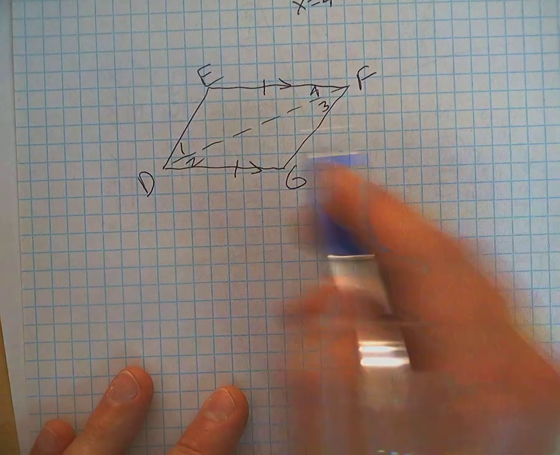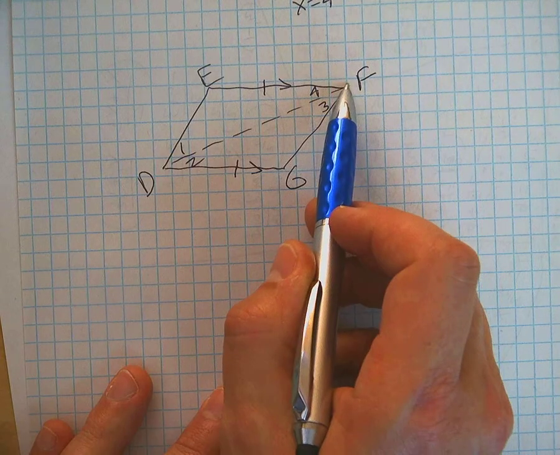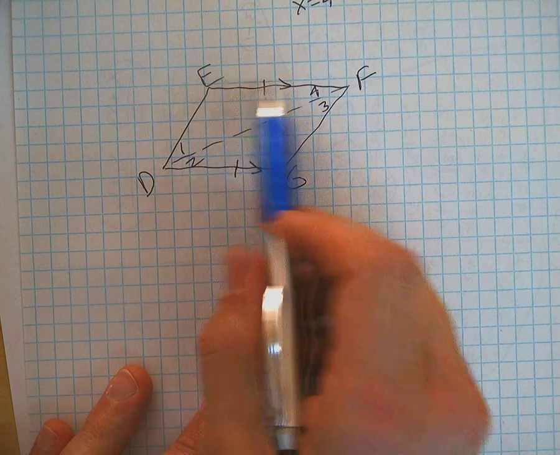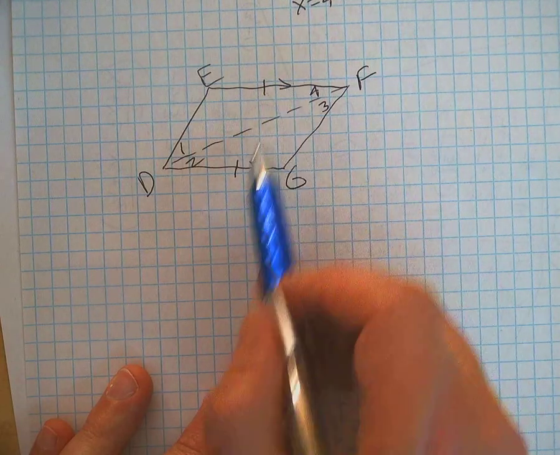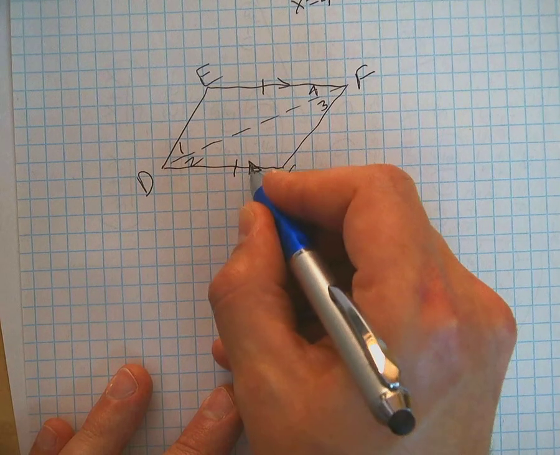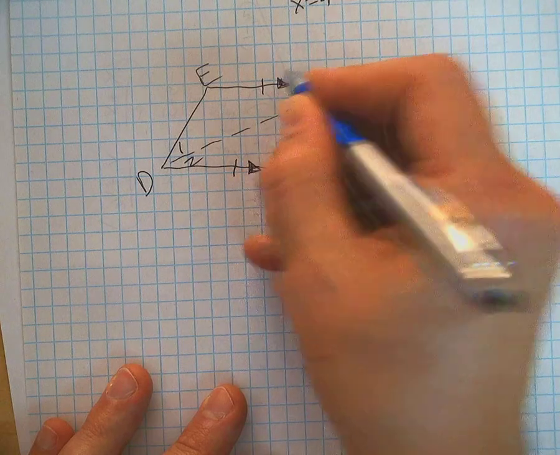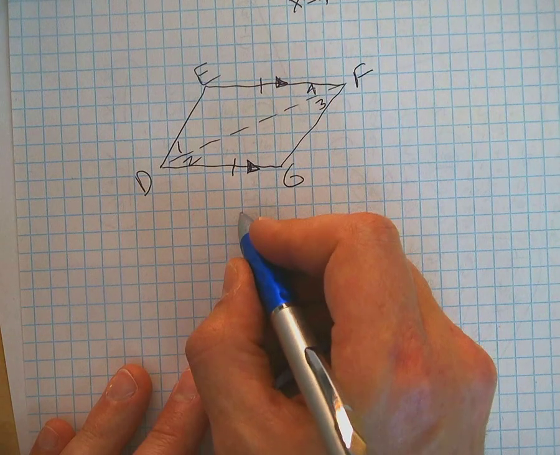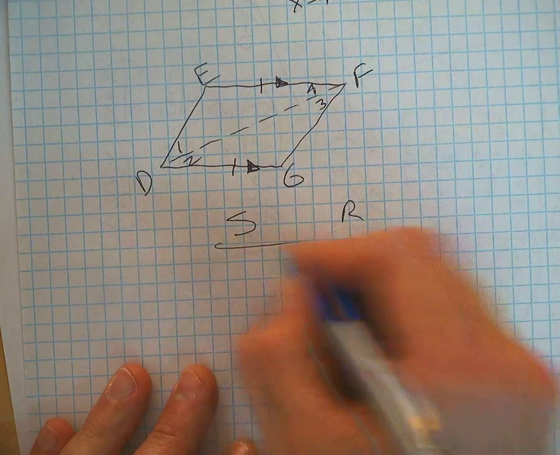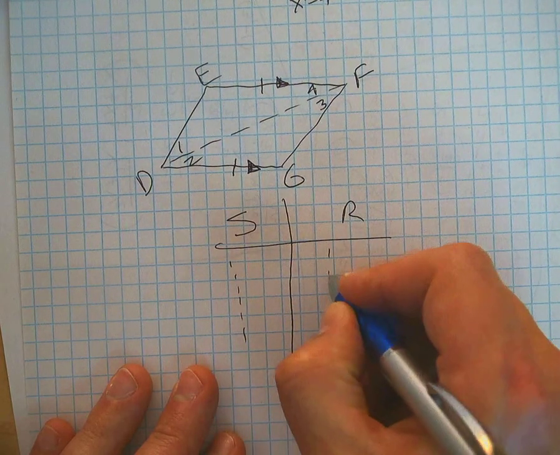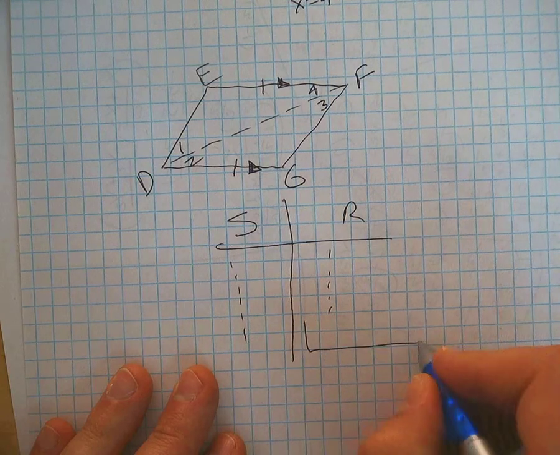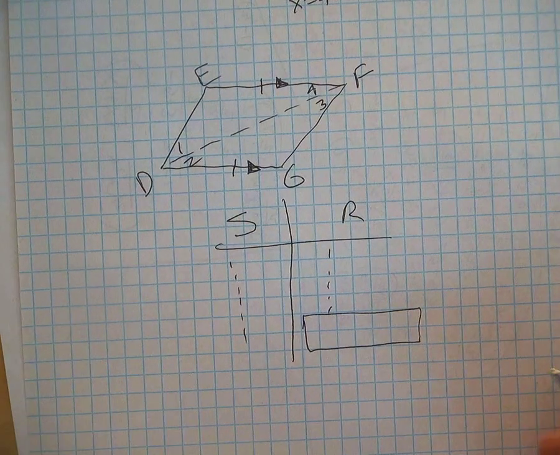Now this tells us that EF is parallel and congruent to DG, because these marks mean congruent and these little triangles mean parallel. What you're going to have is a proof with statements and reasons. You're going to have a bunch of stuff here, and you're going to have to pick by multiple choice how these triangles are congruent.